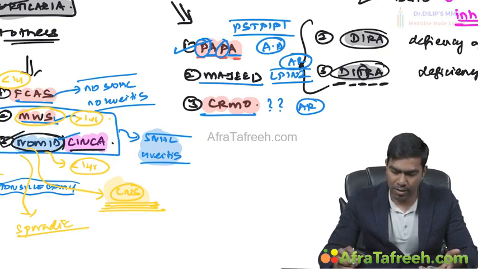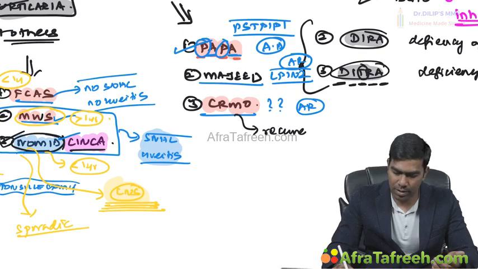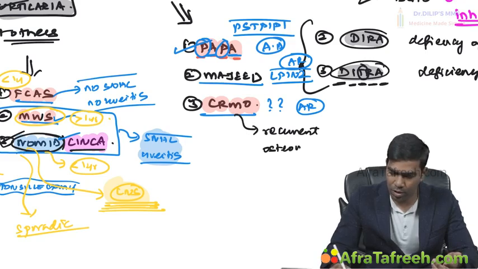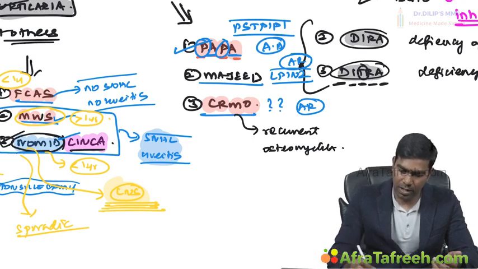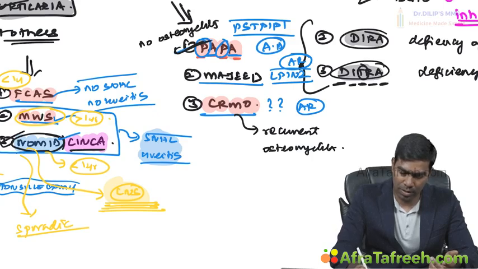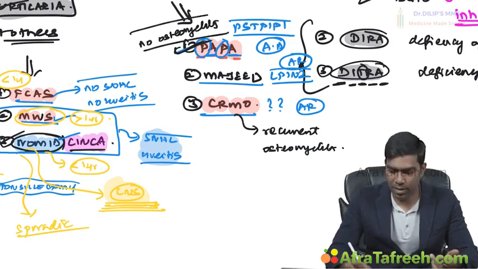How will you diagnose CRMO? CRMO comes with recurrent osteomyelitis, which is a pyogenic condition again. Typically, Papa patients will have skin lesions, acne, psoriasis and all, but no osteomyelitis. But that's where Majeed syndrome comes in.